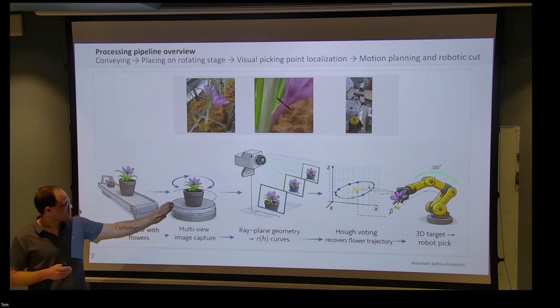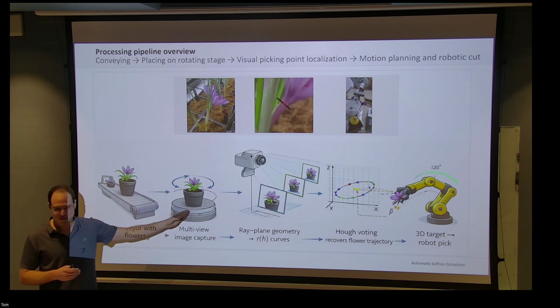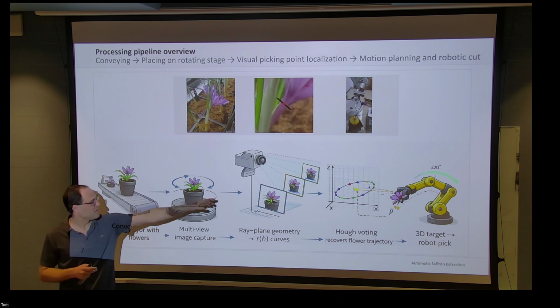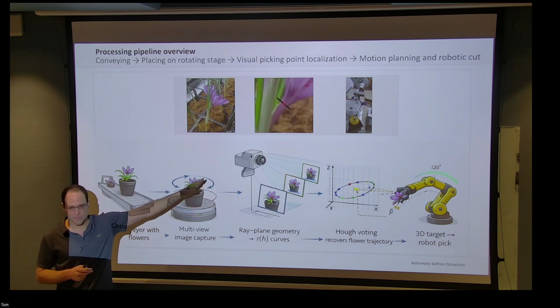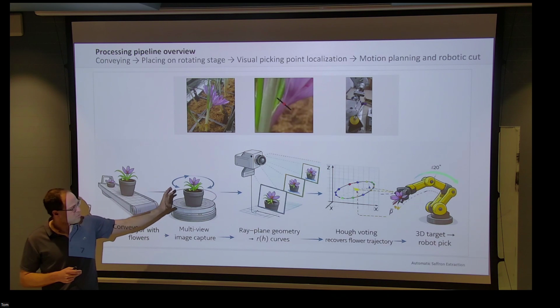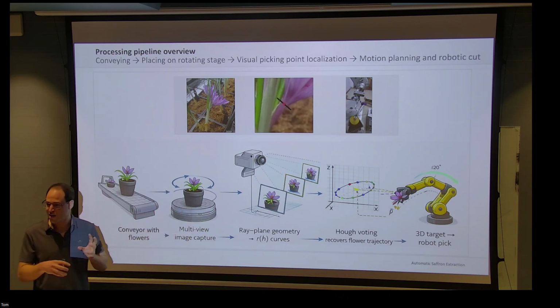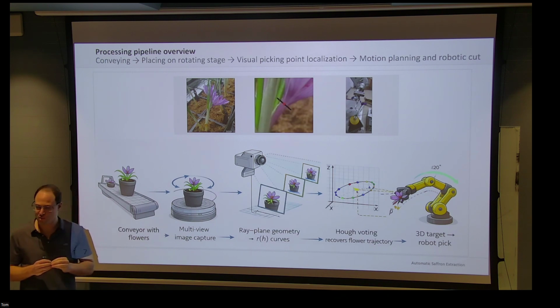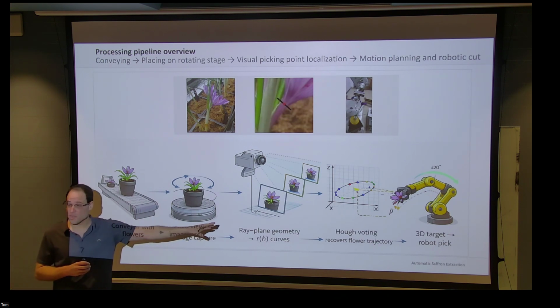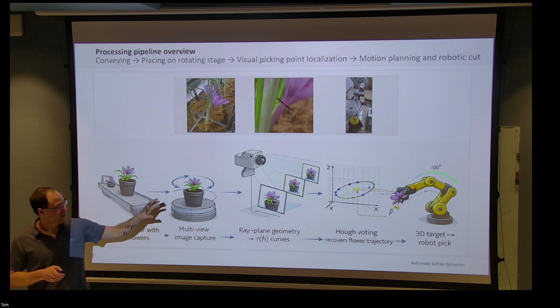Here our seminar starts. Then we rotate it and capture it from all around. We run a vision algorithm to detect the area, where the points of interest are. Then we pick with the robot.